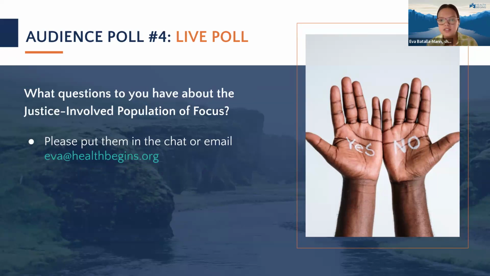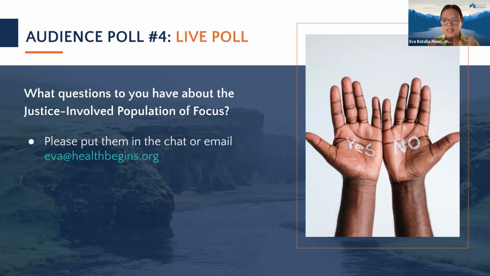So we also would love to get a temperature check from everyone that's here today. We know that the justice involved population of focus and the justice involved work is ramping up. Things are kind of taking place at different times depending on the county. And so we would just love to see what your questions are to help us better inform the information and the resources that we're providing moving forward.